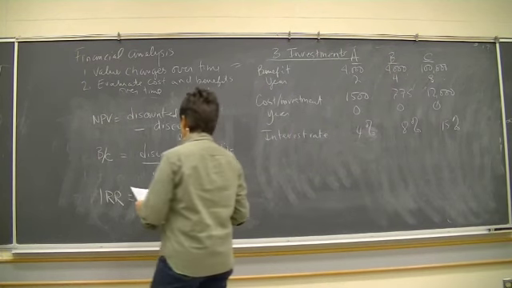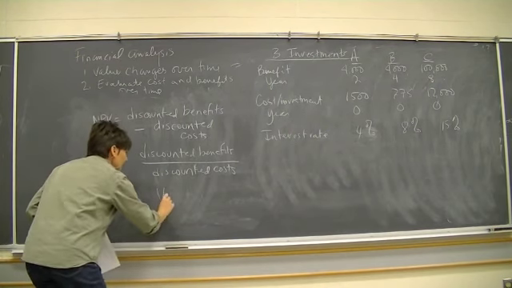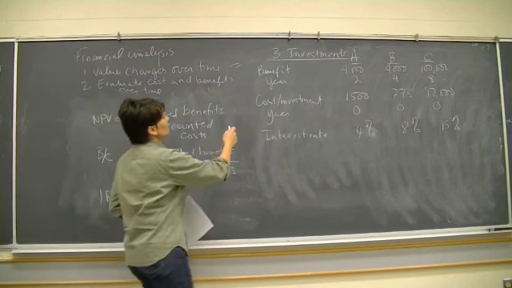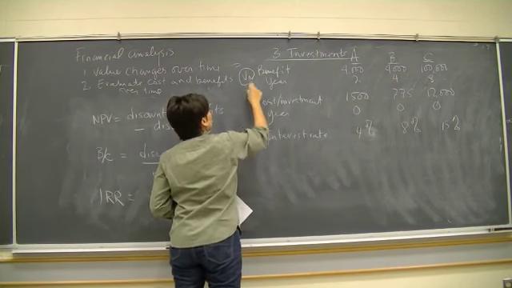So to calculate the internal rate of return, you're going to take Vn, the future value, so this would be Vn. This is V0.